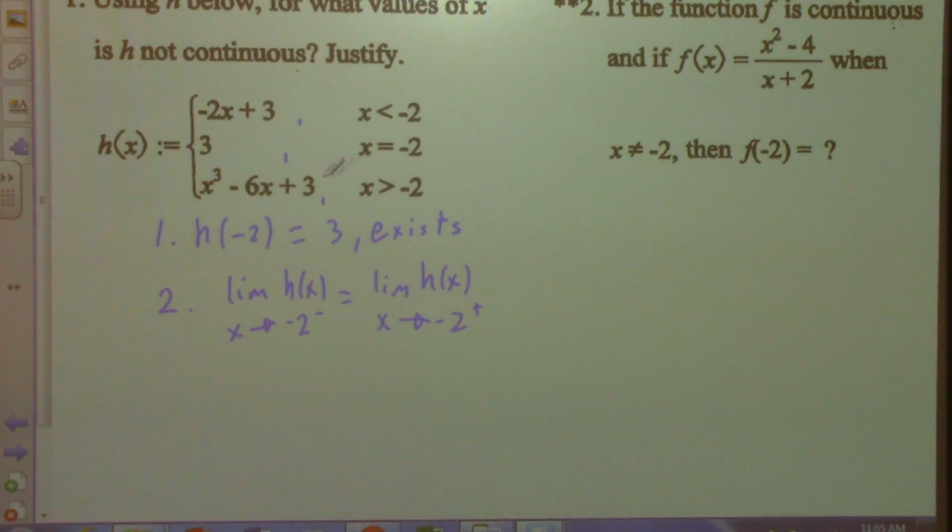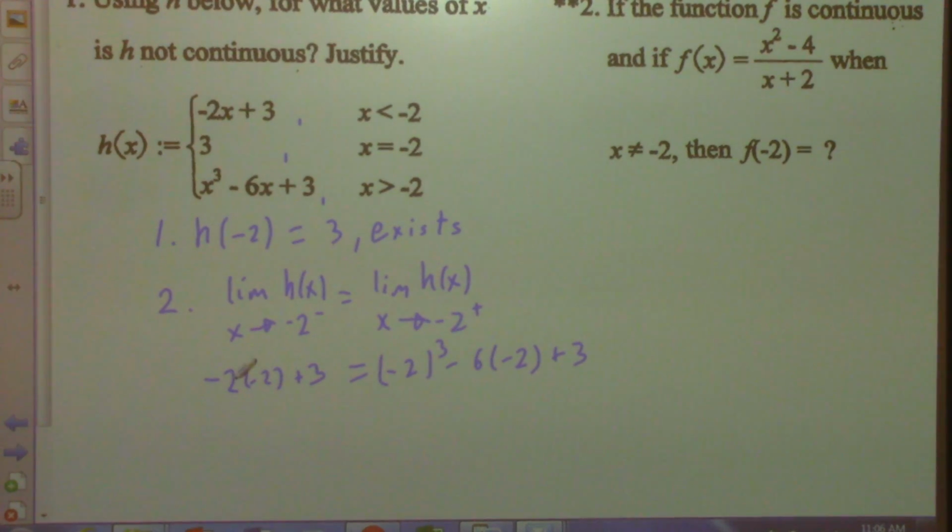Just plug in negative 2 for this, right? So I see this x is less than, so I think that's going to be left side here. So negative 2 times negative 2 plus 3 equals, we have negative 2 cubed, and then negative 6 times negative 2 plus 3. Is that right?